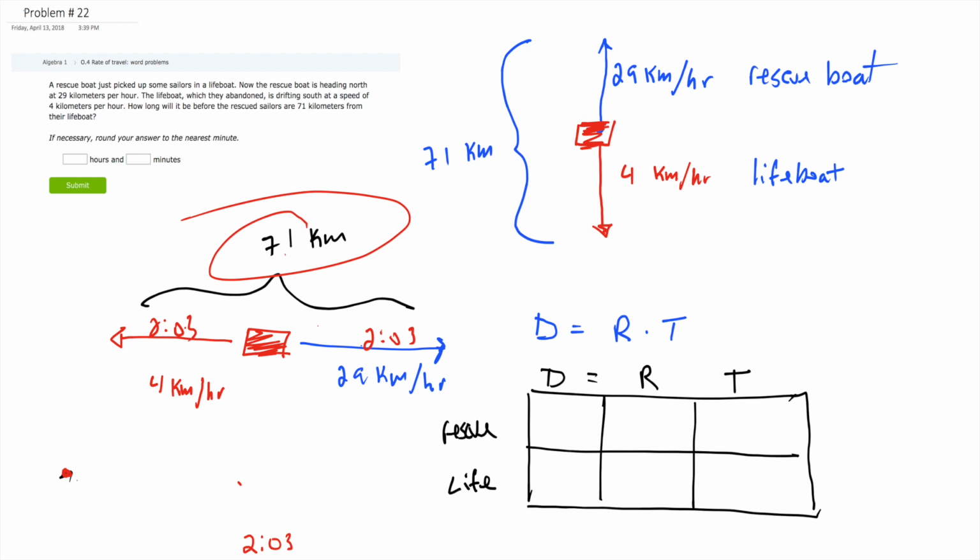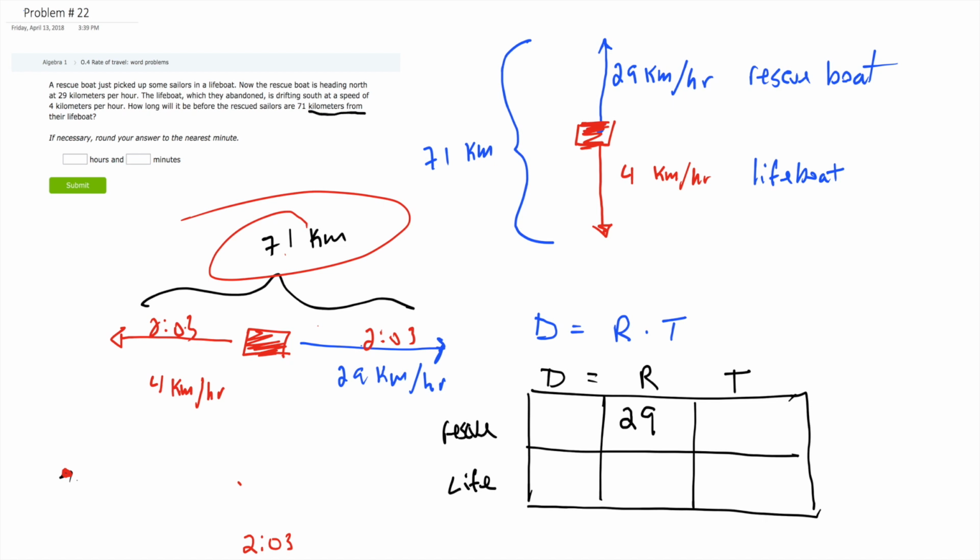Okay, and we know the rescue boat's rate. What's the rescue boat's rate? Wait, look at it again. Well, no, totally. But what's the number in the front? Yeah, so 29. And if you want to make life easier, as long as this isn't a mean problem, but watch out for mean problems, it's all right.